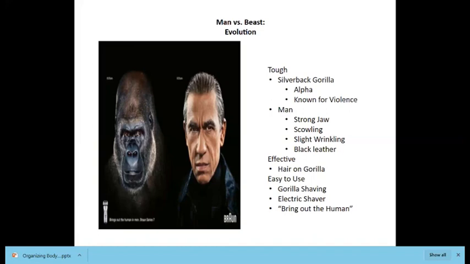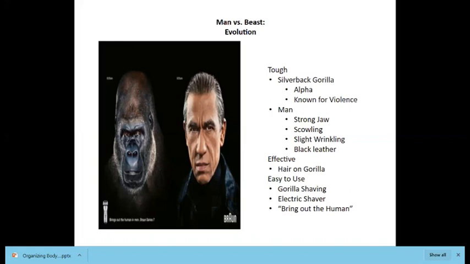We also have the idea that it is easy to use because, first of all, if we ignore the fact that gorillas are very intelligent, if you think about the other images we have of mountain gorillas and silverbacks as knuckle draggers, they can walk upright, they tend to walk on all fours.